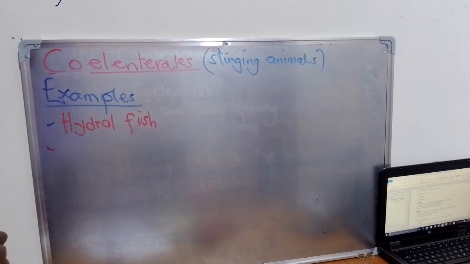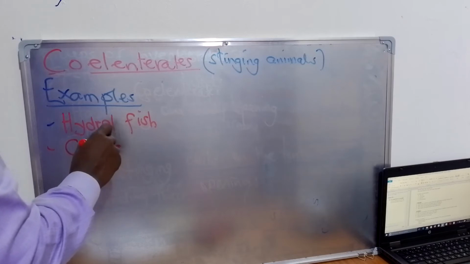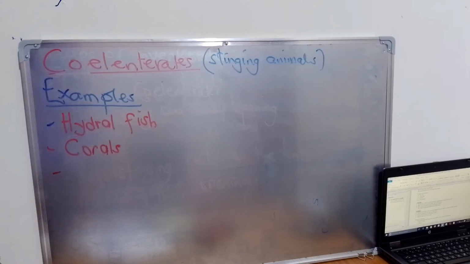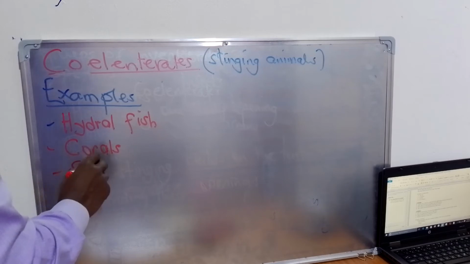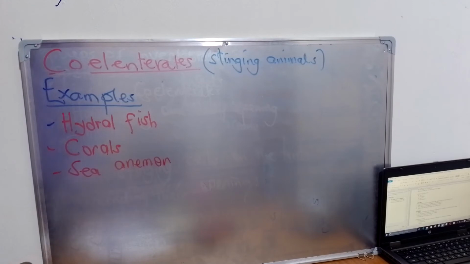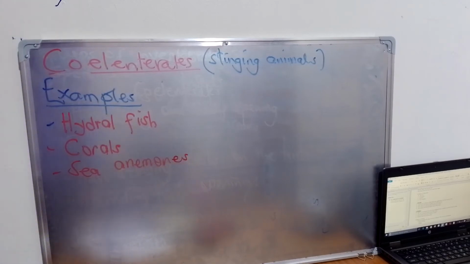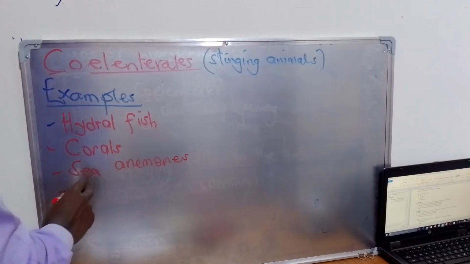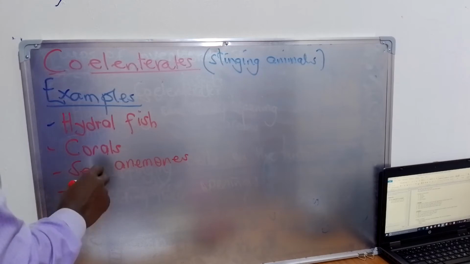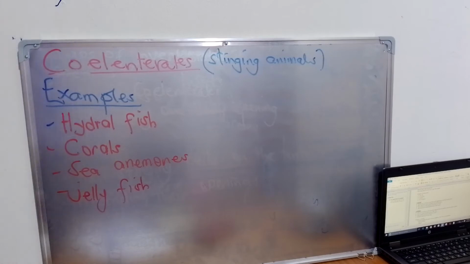That's number one. Then we have corals. That's number two. Then we have sea anemones. Then last we have jellyfish. Those are the four common examples of coelenterates.